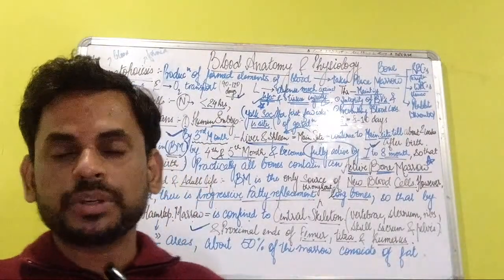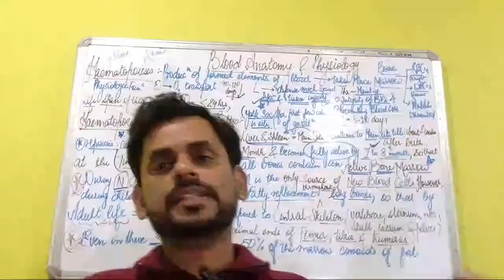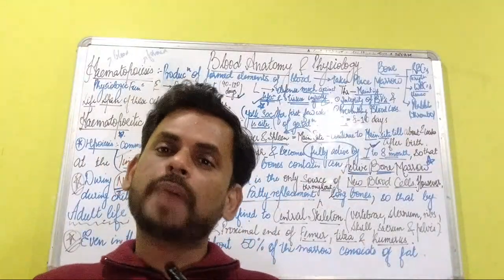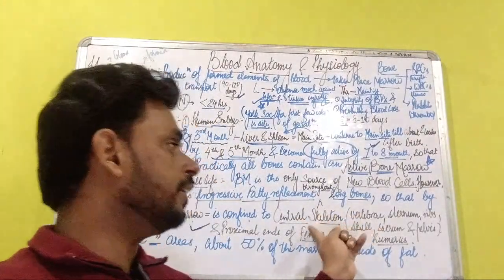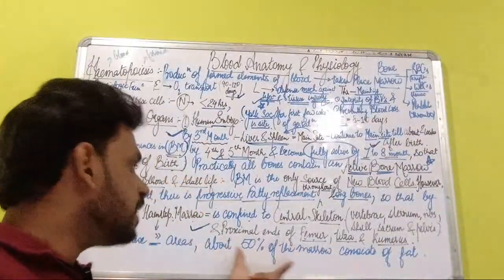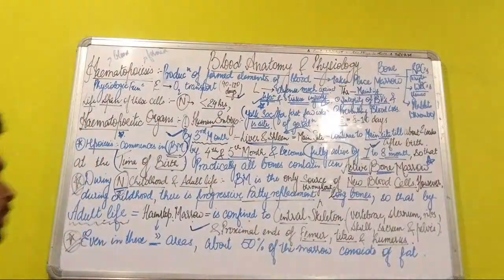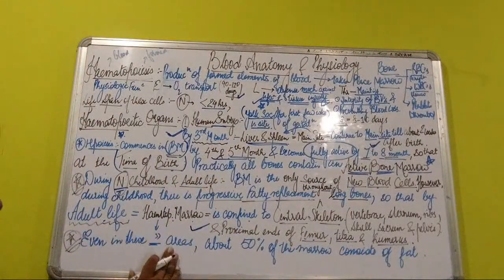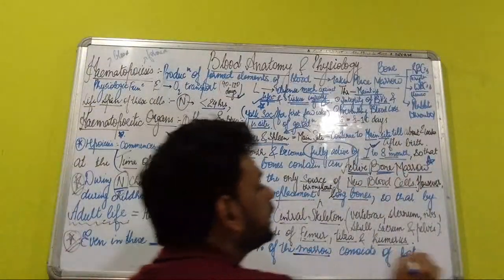Students and viewers, do remember that even though hematopoiesis is confined to the bone marrow of the central skeleton, about 50% of the marrow consists of fat.